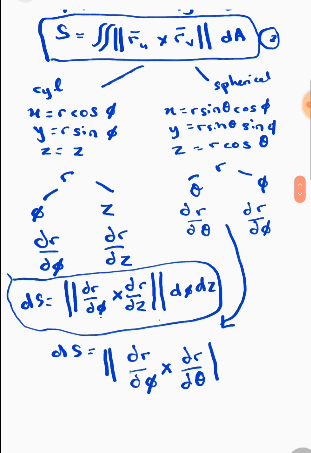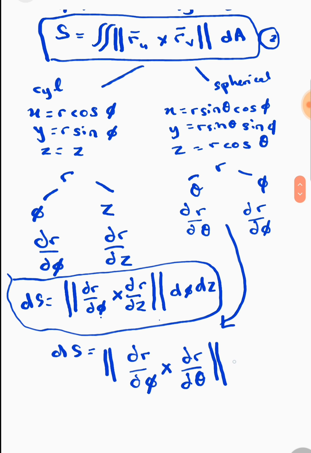So basically you take the derivative of your r with respect to phi, and you cross it with dr over d theta. That is the first vertical line, and after which you get the magnitude of them. I hope you still remember how to get your magnitude. It means you square each component, sum it up and get the square root of it.